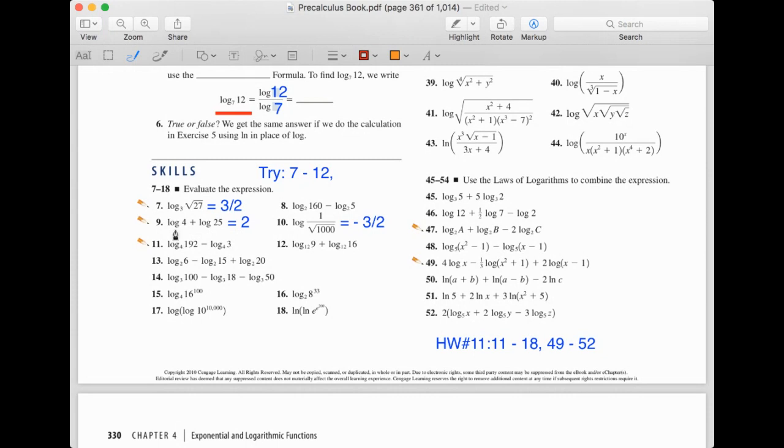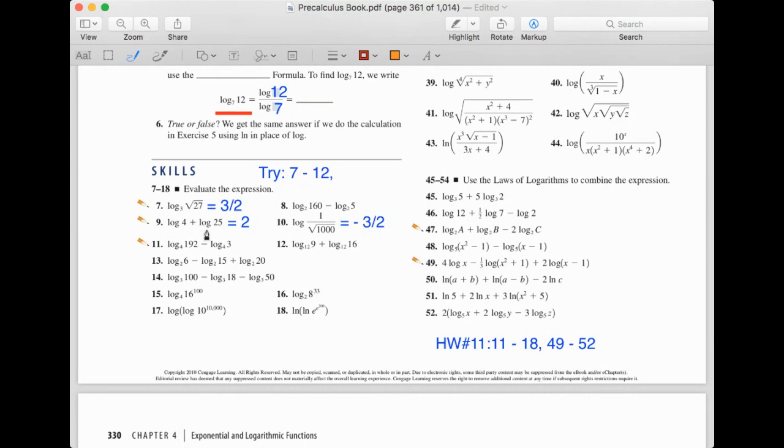Where did 10 come from? 10 is by default. When you see a log with no base, it's by default. That's just a convention. When you see no base, that's base 10. Okay, I think I get it. Thank you, Professor. You're welcome.